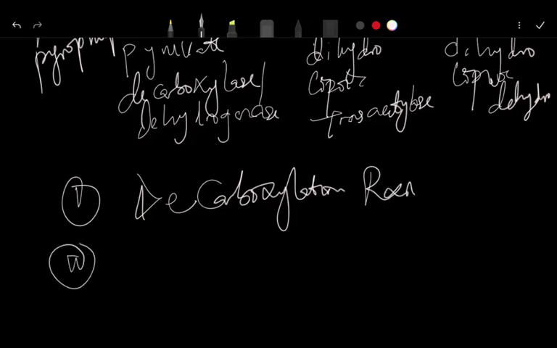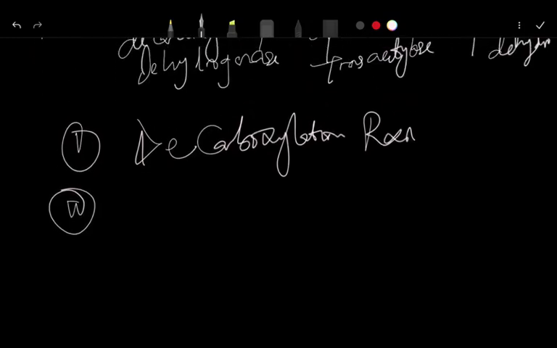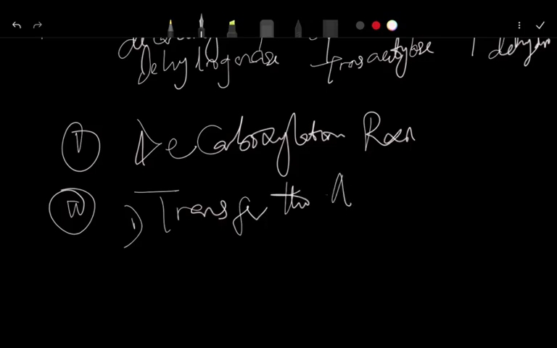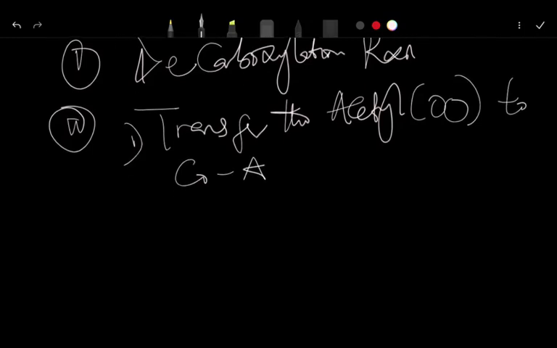How about enzyme 2? What is the function of enzyme 2? The function of enzyme 2 is to transfer the acetyl to coenzyme A, or if you want to take it the other way around, transfer coenzyme A to the acetyl. But let's just take it from the first side. Transfer the acetyl, which is the 2 carbon molecule, to coenzyme A. Then which other function did it do again?